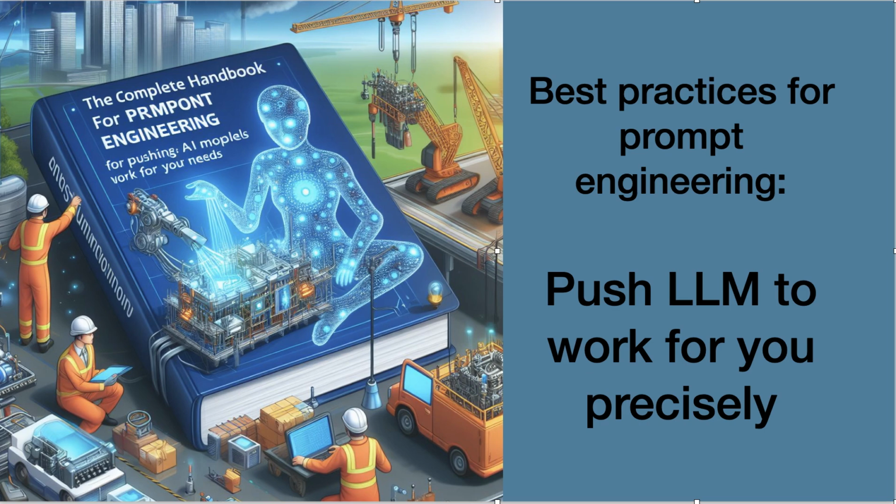3. Guardrails. Guardrails refer to the boundaries or limitations within which the LLM should operate. It helps in preventing the model from generating inappropriate or biased responses. You can include instructions in the system prompt to guide the LLM's behavior and ensure it adheres to ethical guidelines.